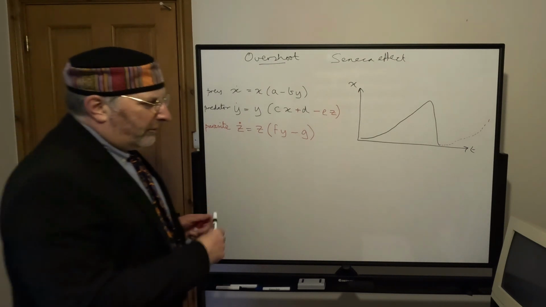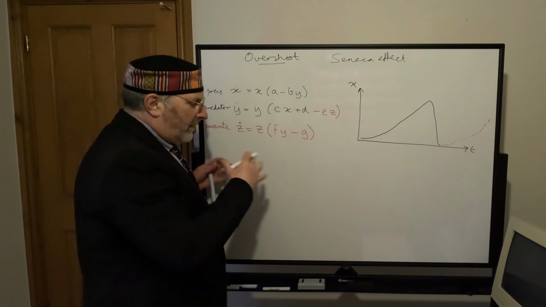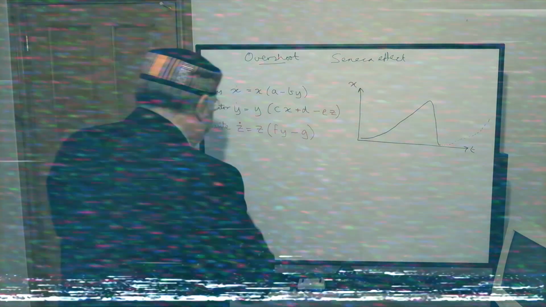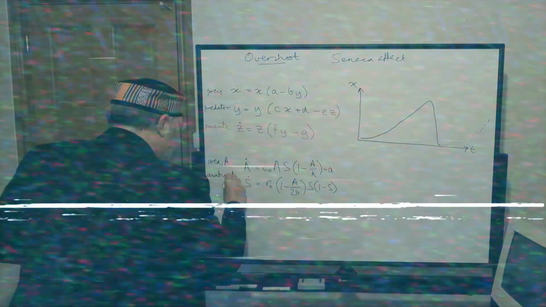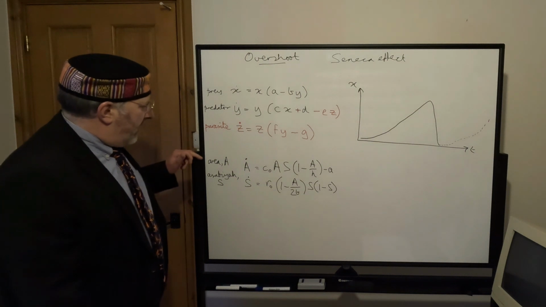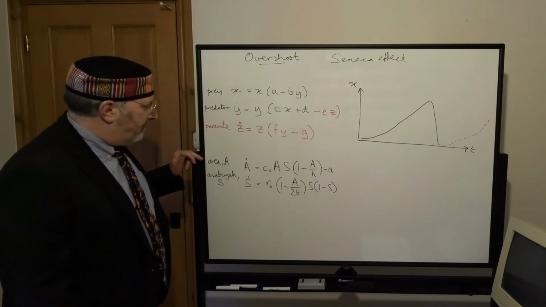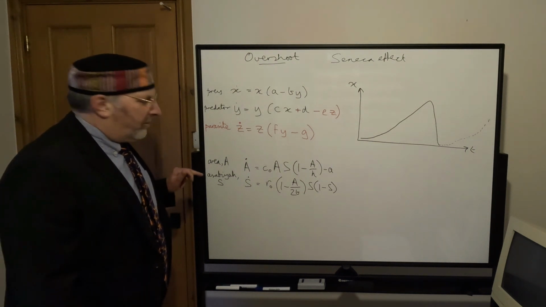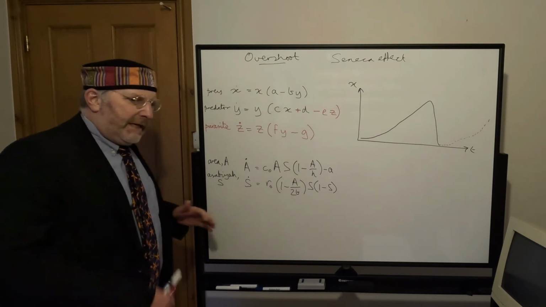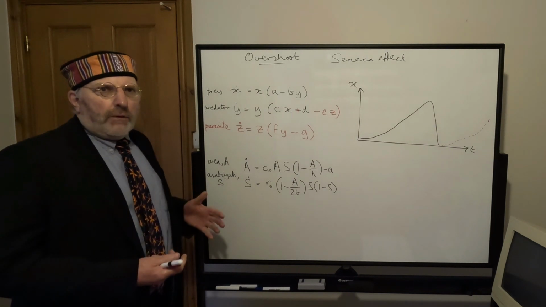Now, Peter Turchin has developed another model of overshoot, which I'll write up. Okay, so in Turchin's model, what he's concerned with is the area of an empire and its asabiyah, using the term from Ibn Khaldun, which means something like social cohesion.